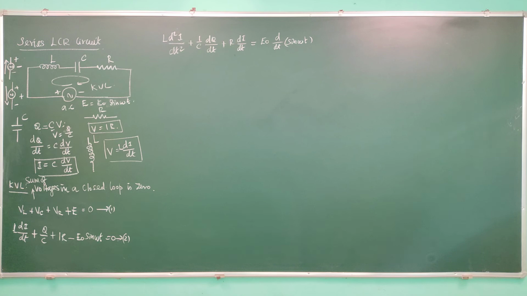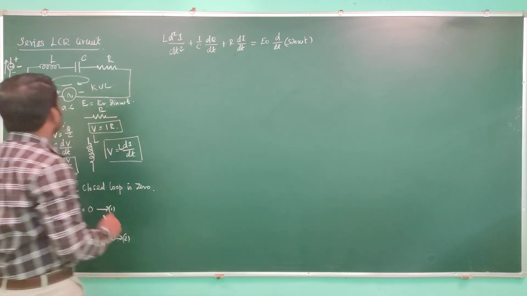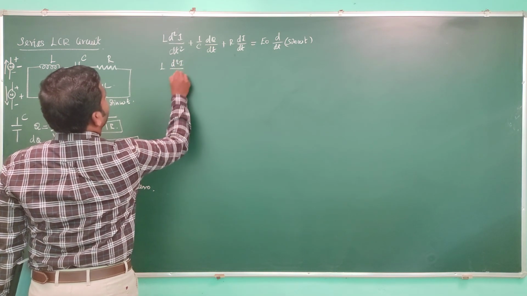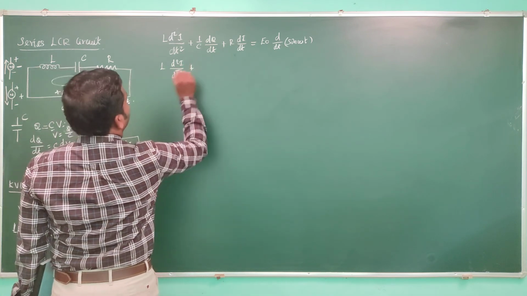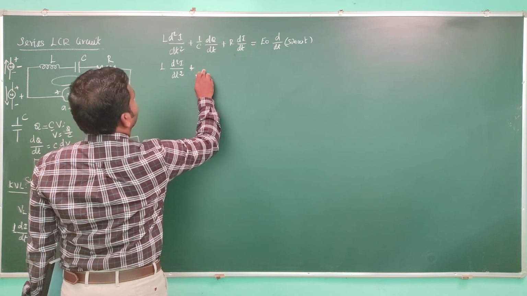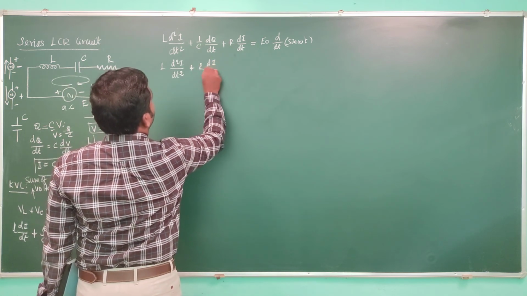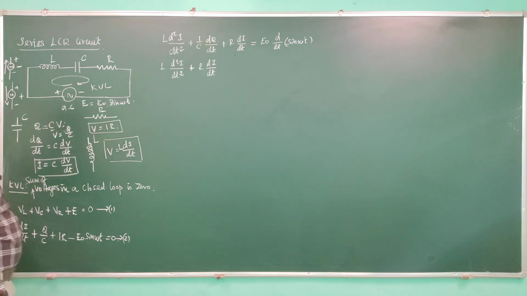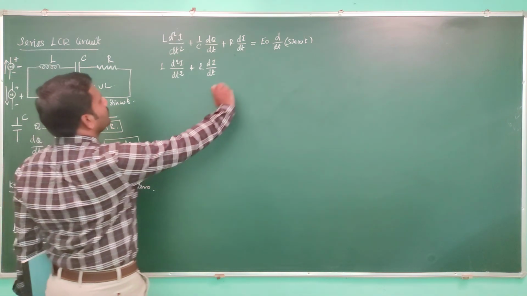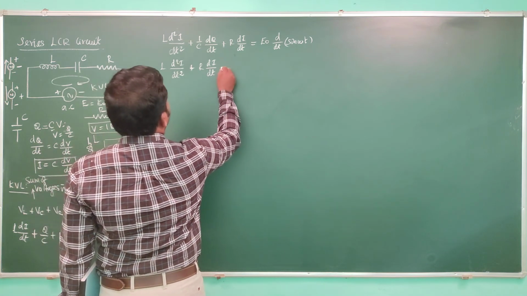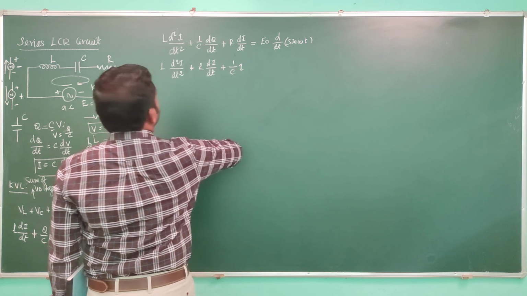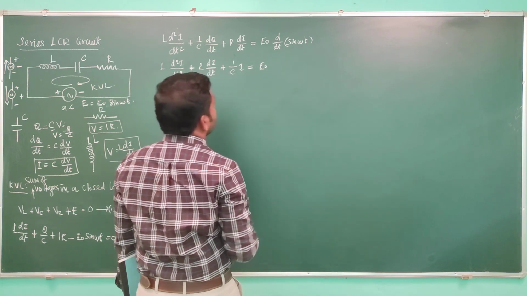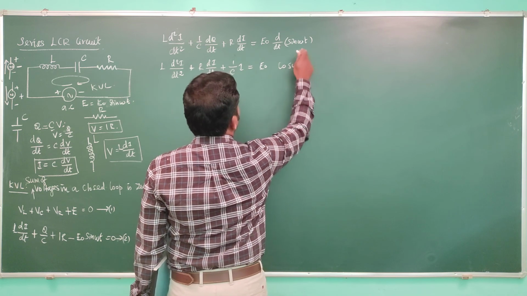Now we can write this as L d square I by dt square plus R di by dt plus, since the rate of change of charge dq by dt is equal to I, 1 over C into I, which is equal to E naught omega cos omega t, because differentiation of sin omega t is cos omega t into omega.